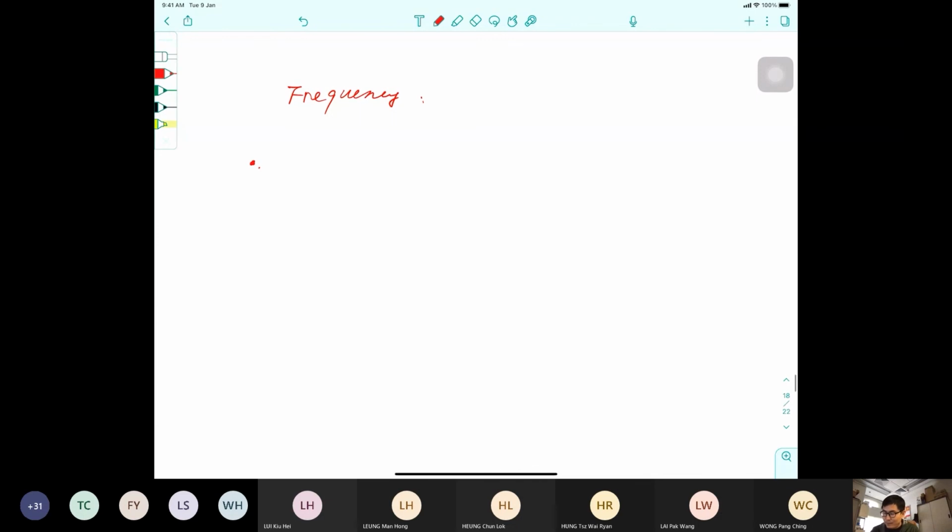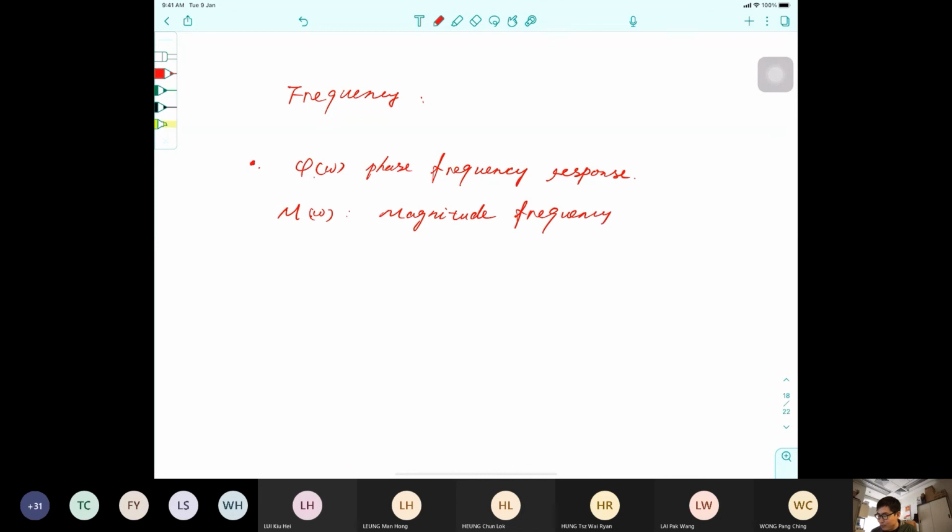The phase φ, the in phase and out of phase, is the phase frequency response of the system, and M(ω) is the magnitude frequency response of the system.